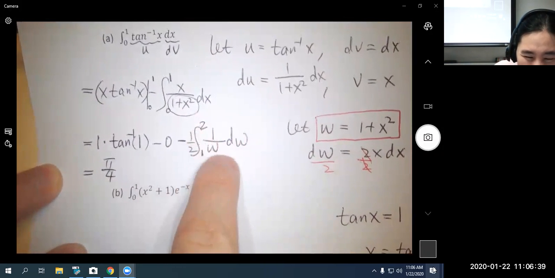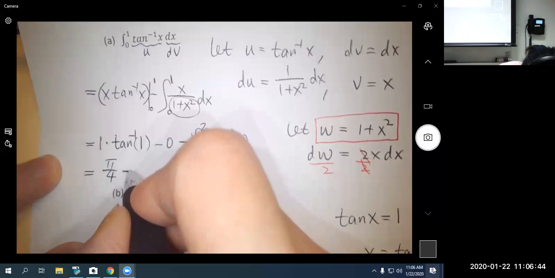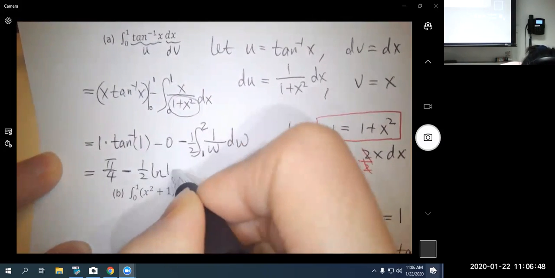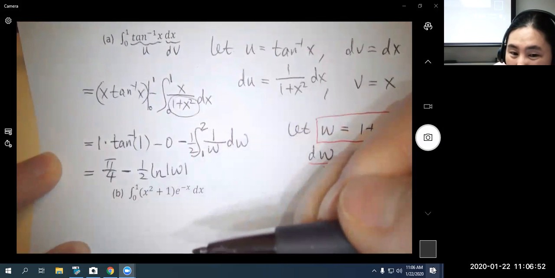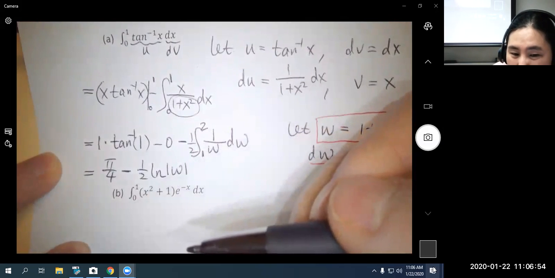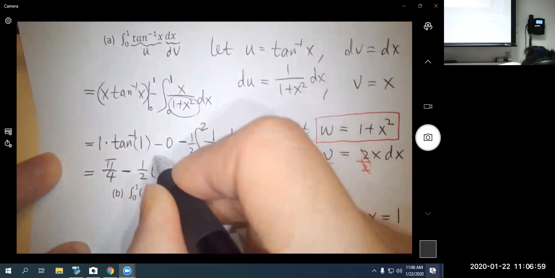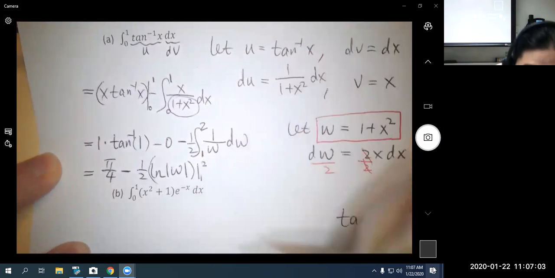What is the antiderivative for 1 over w dw? Right, you guys? The antiderivative for 1 over w is ln of the absolute value of w. But don't forget to evaluate this from 1 to 2.